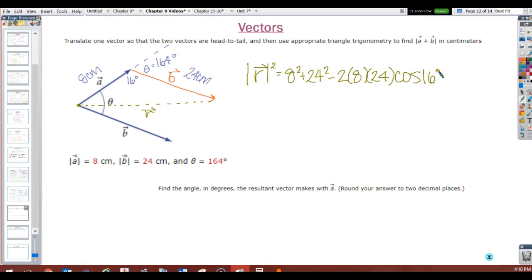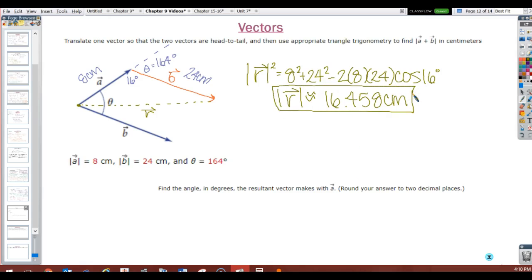Once you square, multiply, combine like terms, and then your last step will be to square root, we should get that vector R is approximately equal to 16.458, and that is in centimeters.